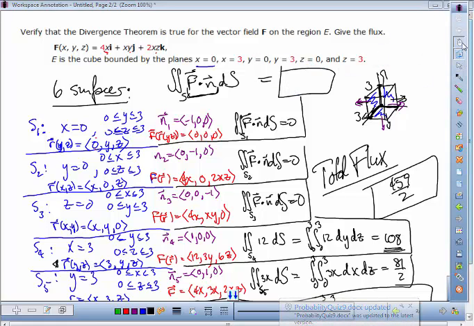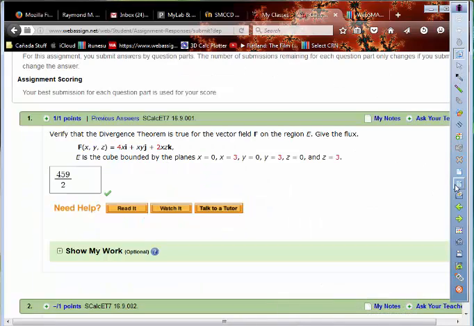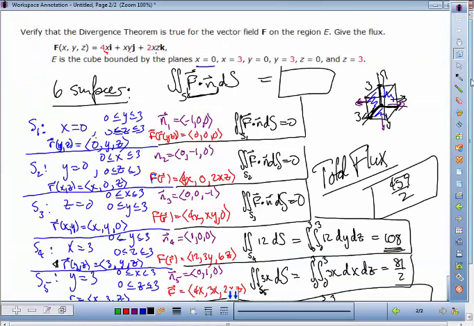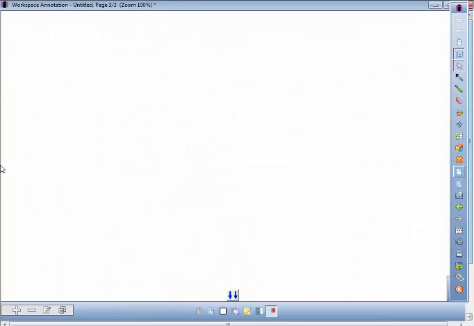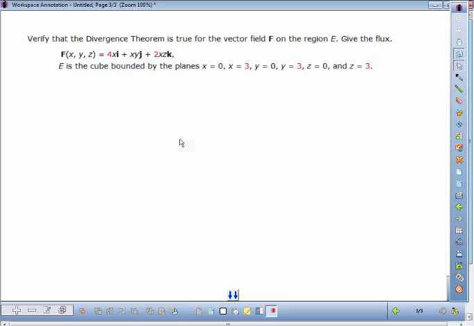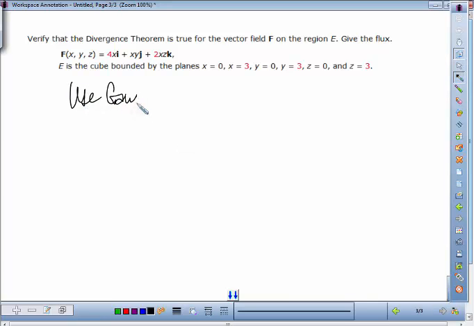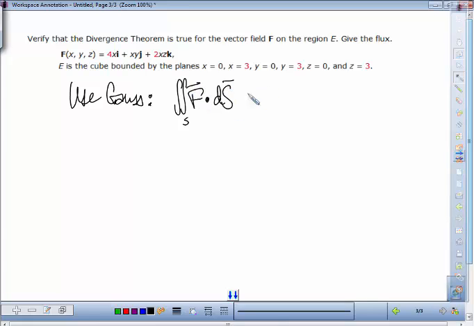So let's see if we can redo this problem looking at the other side of it. So instead of doing the flux, we're going to trade it in for a triple integral.